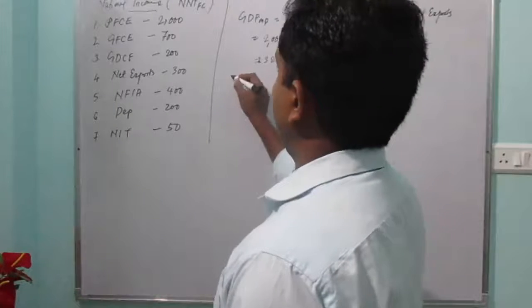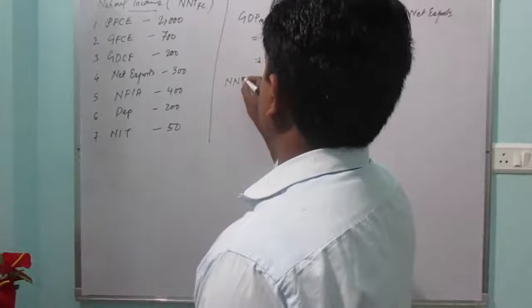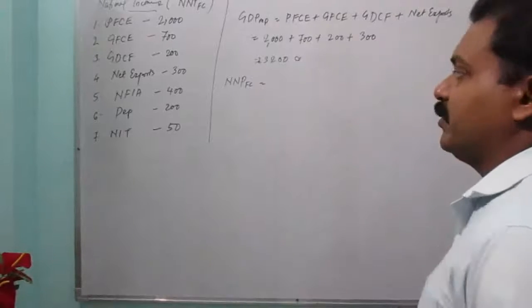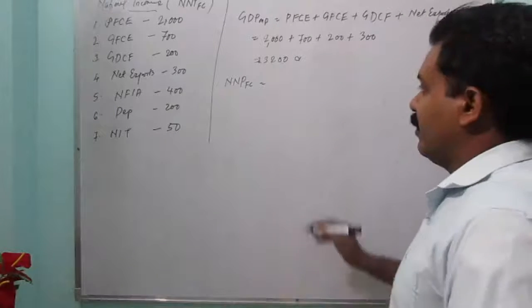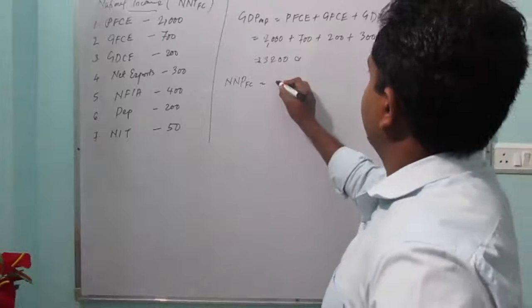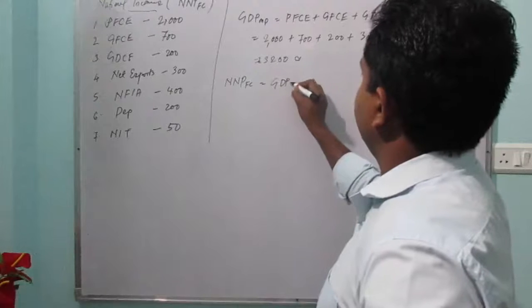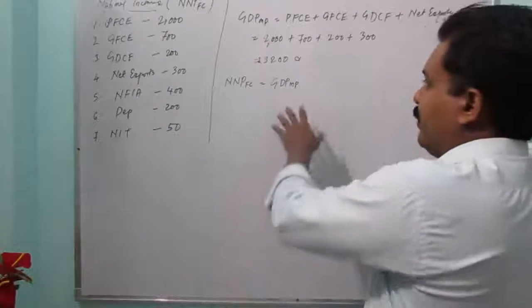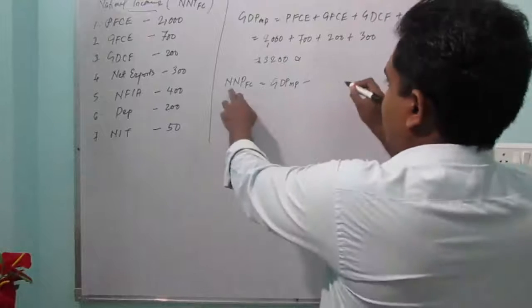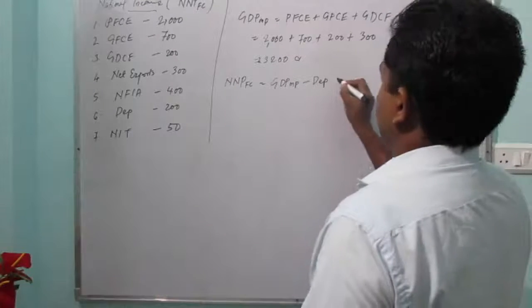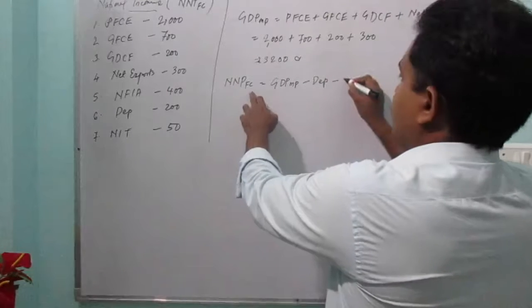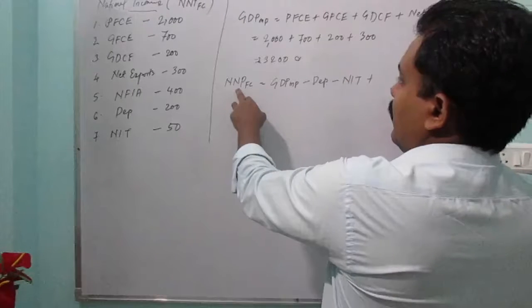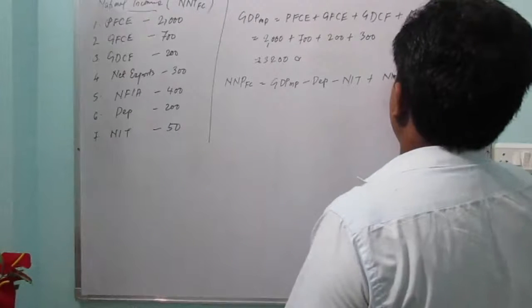And we need what? NNP at FC. For getting NNP at FC, what do we need? We need GDP MP minus depreciation minus NIT plus NFIA.